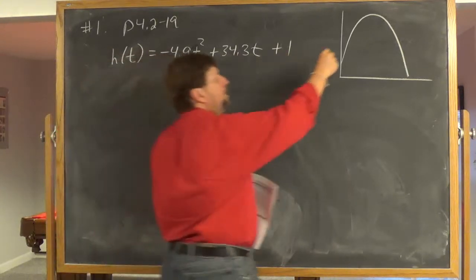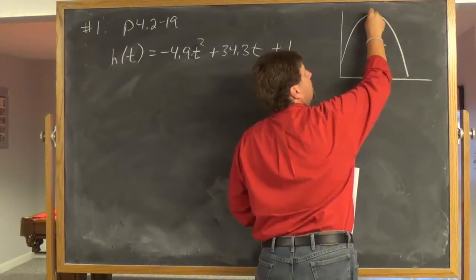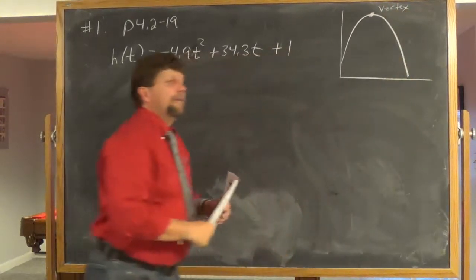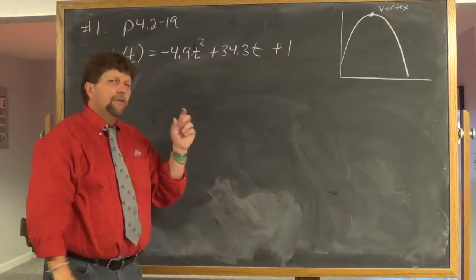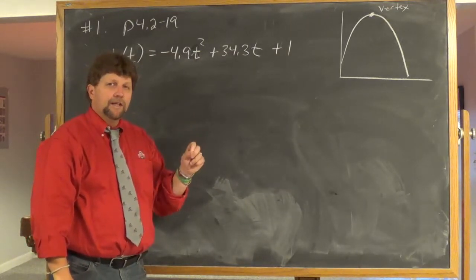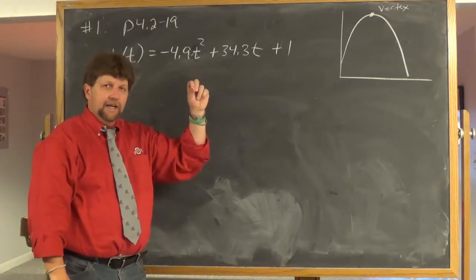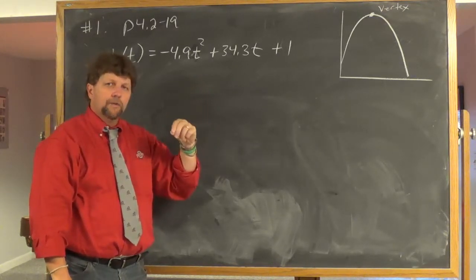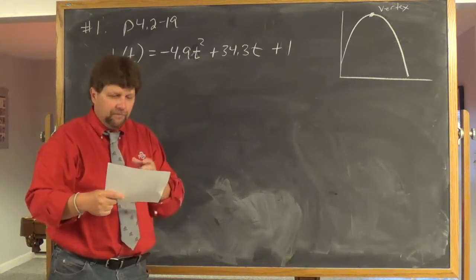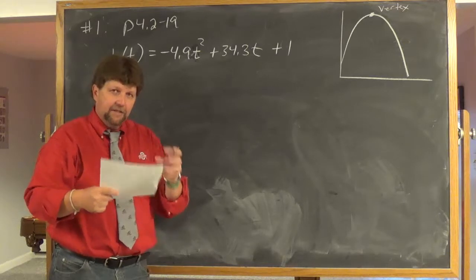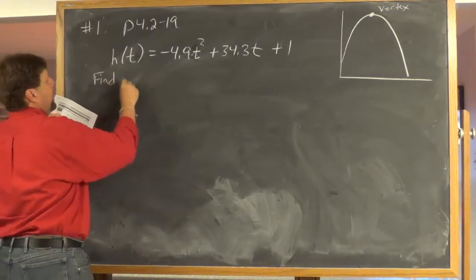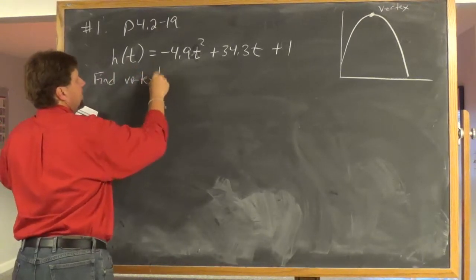So what we're being asked to find here is the vertex. The value of the independent variable, t, will tell us how long it takes to get to the highest point, and then the y-coordinate will tell us what the highest point was. So really in this question, what you're being asked to do, quite simply, is find the vertex.